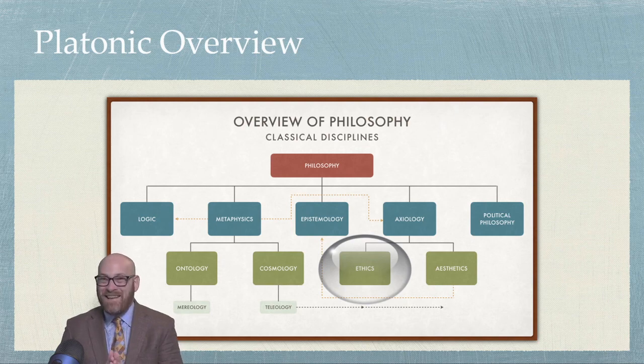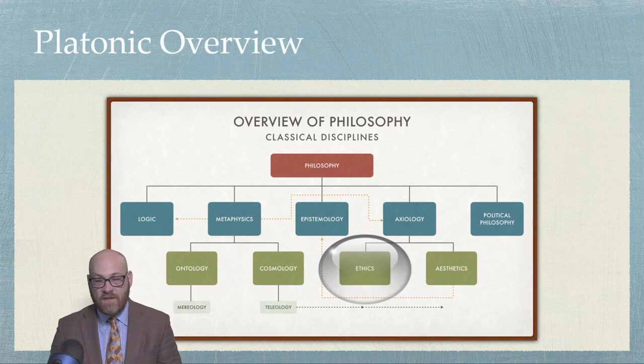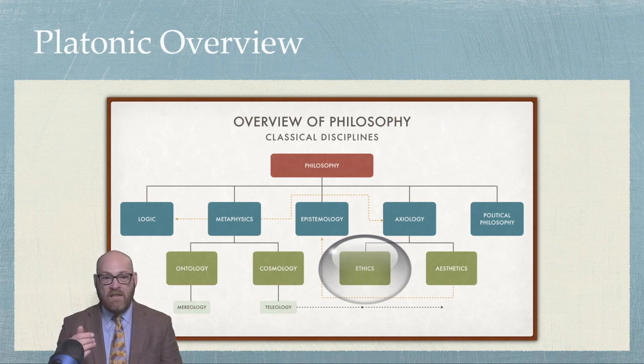Plato maintains that the best life is one that possesses knowledge of the ideas. So this person knows what justice is. They have the ideal of justice in their mind and ideal goodness, the good. They know these things. And because they know these things, they live differently.